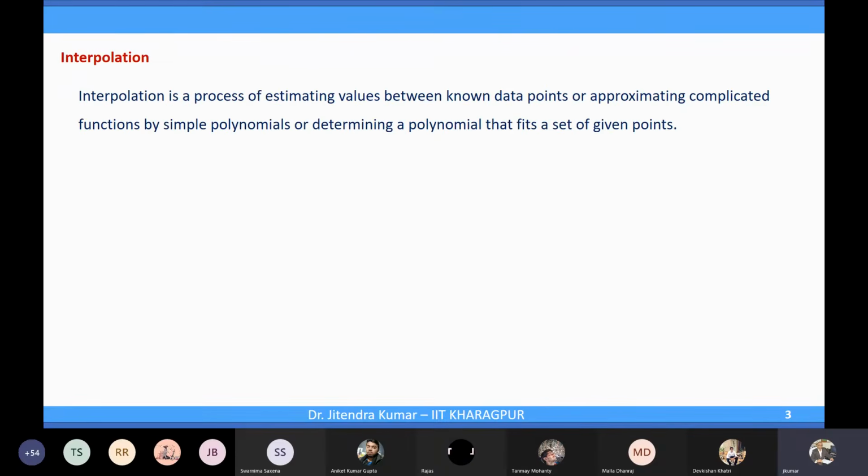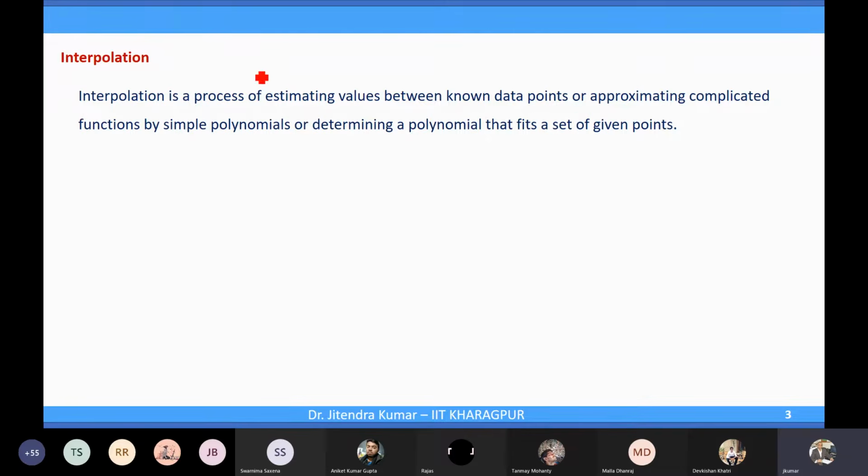So what is interpolation? Interpolation is a process of estimating values between the given data or non-data points, or approximating complicated functions by simple polynomials, or determining a polynomial that fits a given set of points.